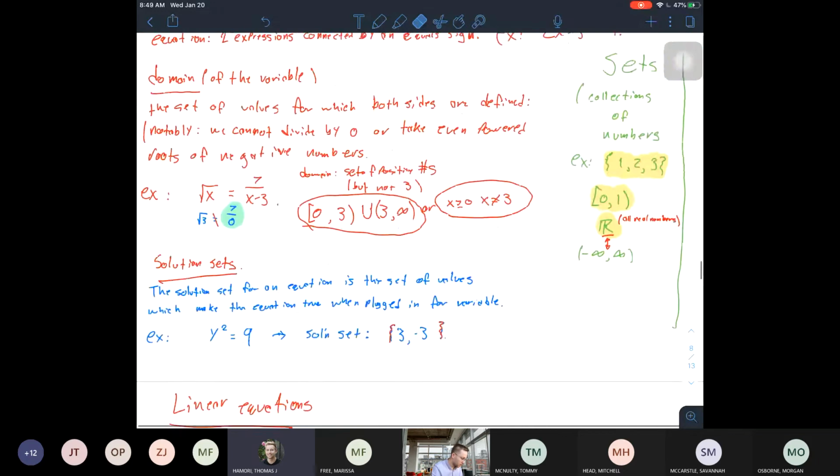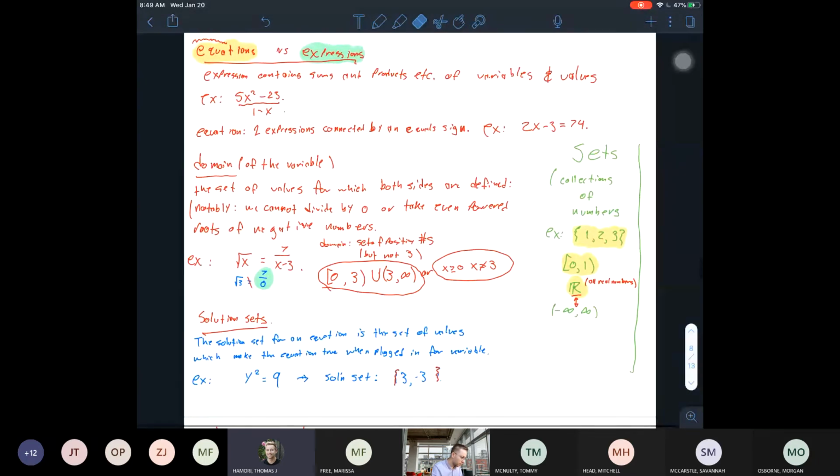Before we move on, are there any questions about what equations are and what we consider to be the domain and the solution sets of an equation?